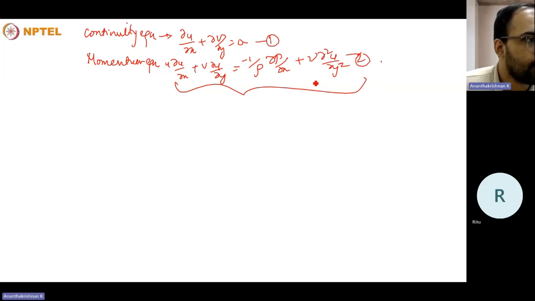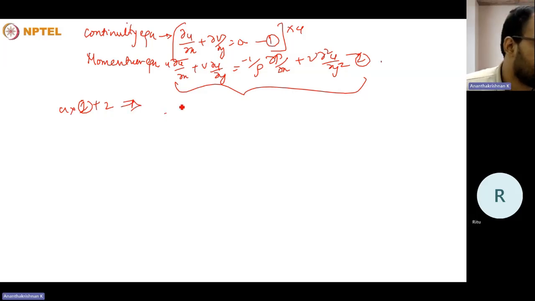This is the general differential form of the momentum equation. What we could do is a mathematical manipulation. We multiply the continuity equation by u and add it to the momentum equation, so we get 1 plus 2.